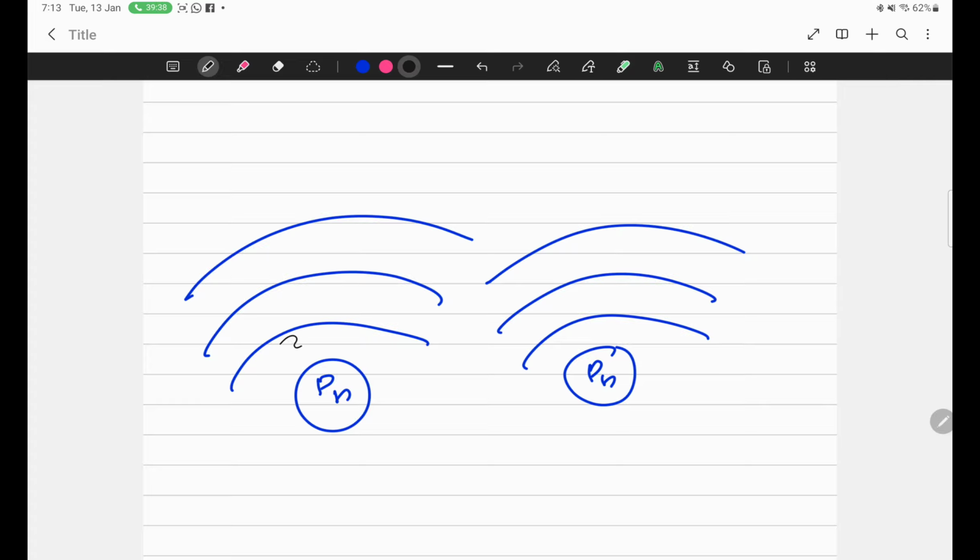Consider these electrons are very close to the nucleus. These electrons are not free electrons, because they are tightly controlled by the nucleus.